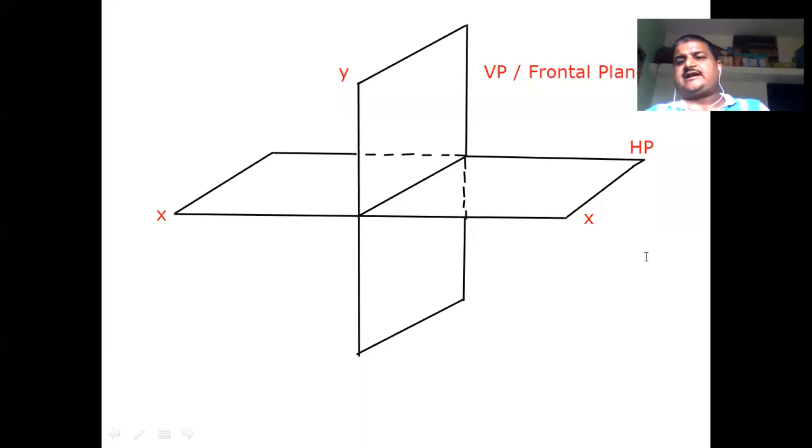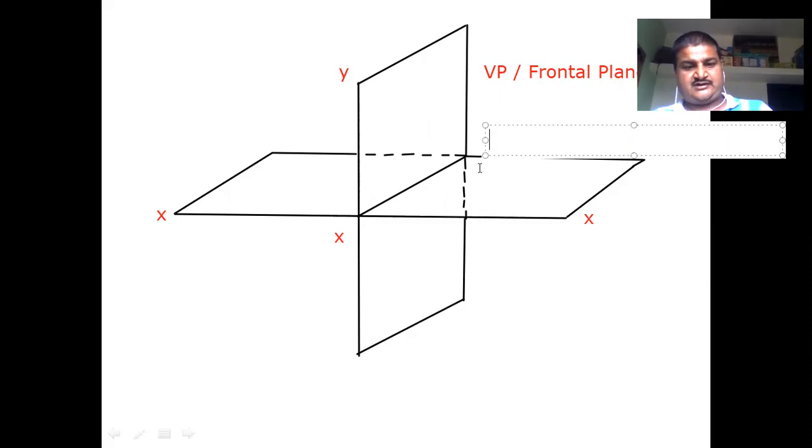And where is the intersection of this vertical plane and this horizontal plane? It is here, where I am locating the pointer. This is the intersection of the x and y planes. What name do we give to this line? Here we get 2 end points. We have 2 end points: the first end point is at the front side, and the second end point is at the back side. As this line is an intersection of the x plane and y plane, we name this point x, and this will be our y point.